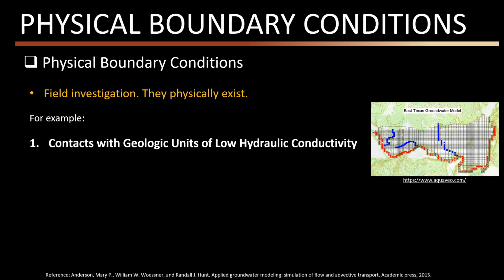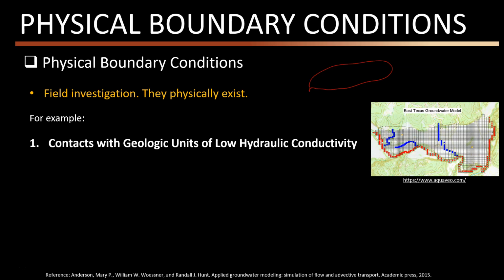But here I would like to talk about some examples of major physical boundary conditions that we as groundwater modelers are looking for. The first physical boundary condition can be identified and located at geological units which have low hydraulic conductivity.